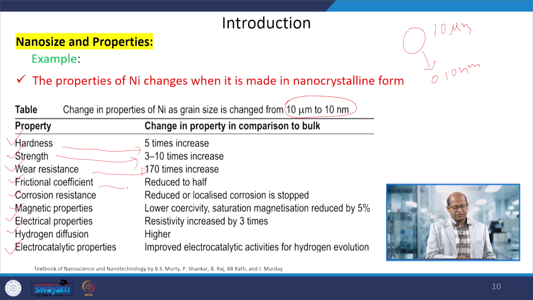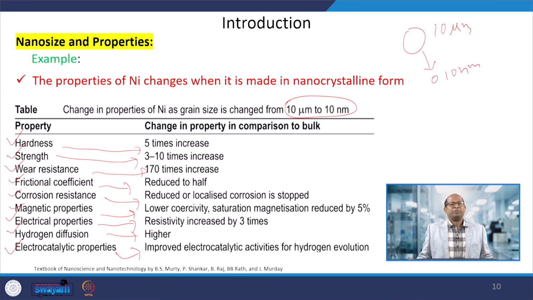At the same time, the frictional coefficient would be reduced to half, corrosion resistance also will reduce, and for magnetic properties, coercivity would be lower and saturation magnetization reduced by 5%. Electrical resistivity would increase by 3 times, hydrogen diffusivity will increase, and electrocatalytic property also will be enhanced.